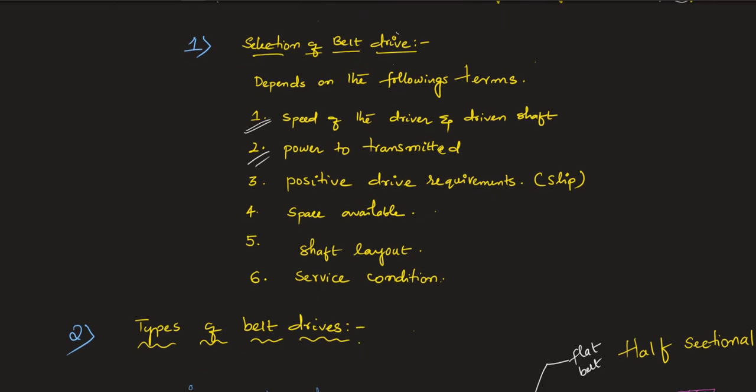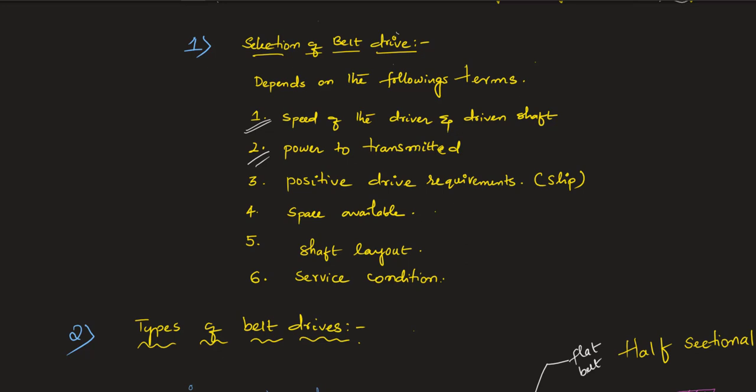Now when we talk about the service, I would like to tell you one thing. Even though gears also get wear and tear, a belt drive is more prone to losses due to slipping and so on, which leads to elongation and tearing of the belt, which leads to more losses.